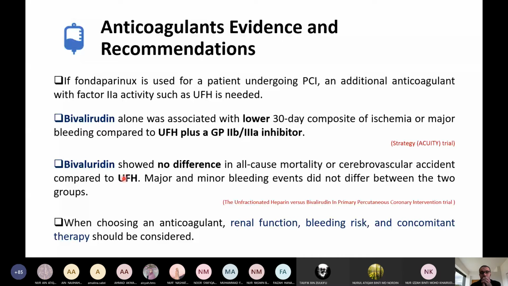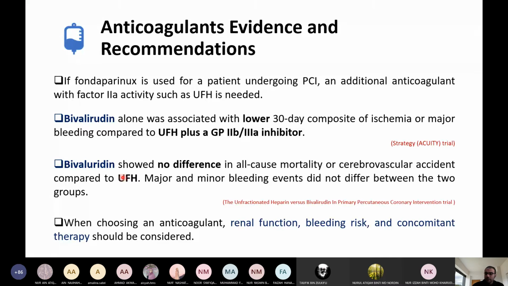This is a recommendation. If fondaparinux is offered in the PCI, another anticoagulant has to be there because it's not that effective. The bivalirudin, the one we highlighted, has been found to be associated with lower mortality or lower ischemia compared to unfractionated heparin plus the GP2B3A inhibitor.